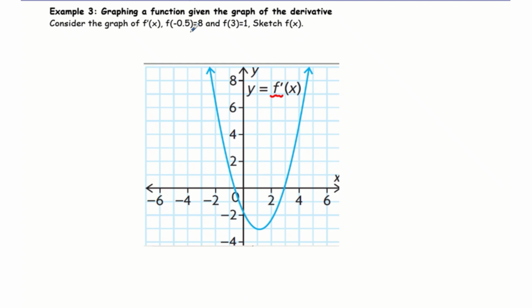From here we have several points given: negative 0.5, 8, with x, y, and 3, 1. 3, 1 is one point. Negative 0.5 is 8.